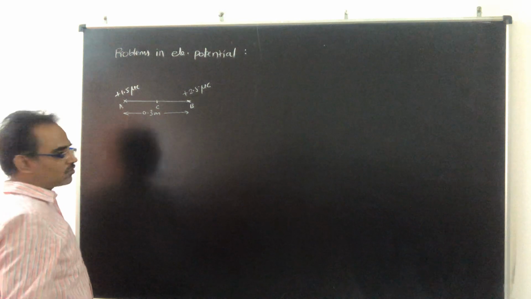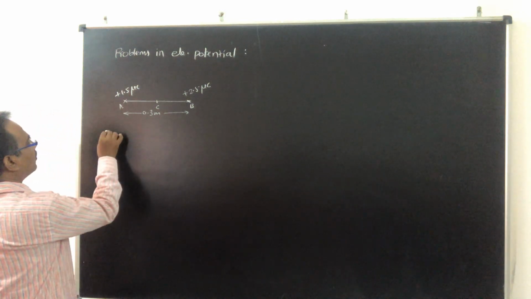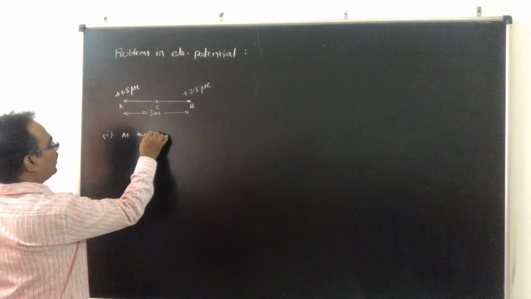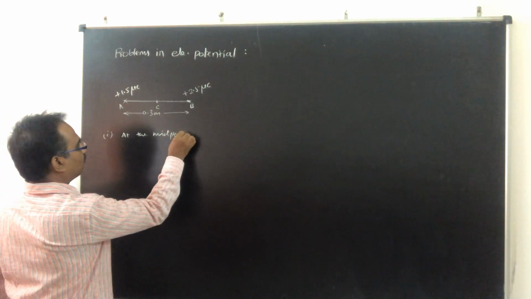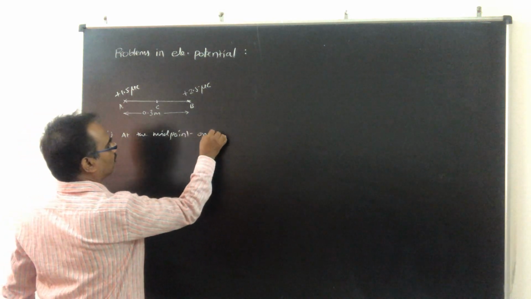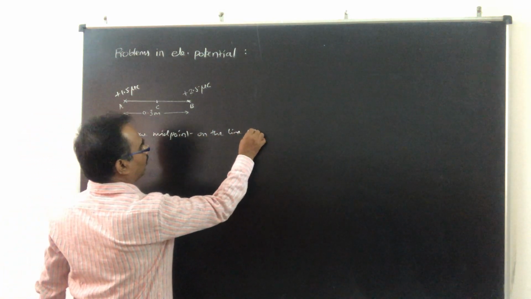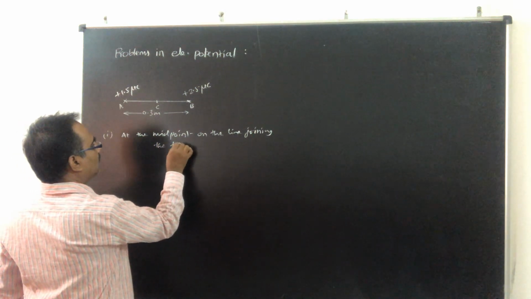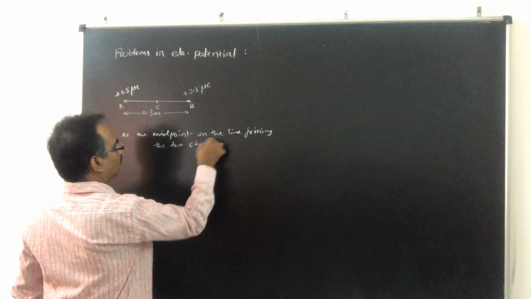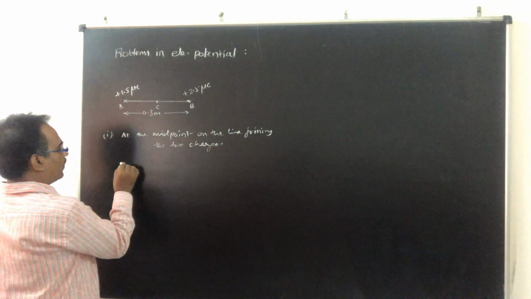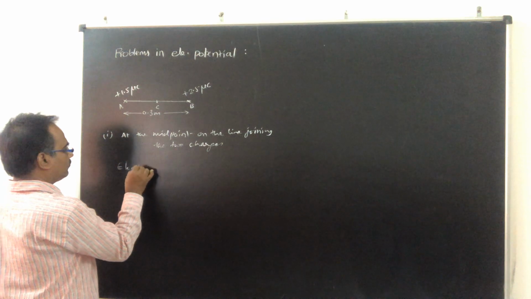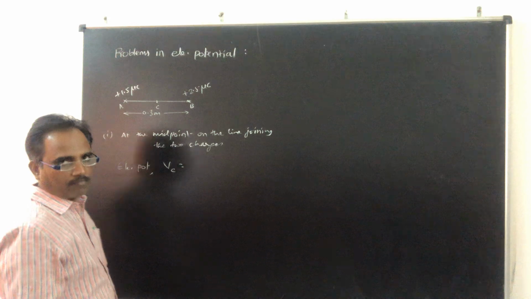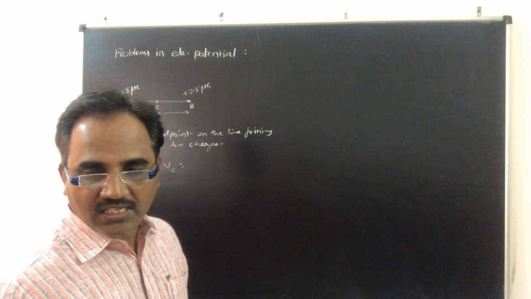At this point, you are asked to find the potential, that is C. You know that electric potential is a scalar quantity.